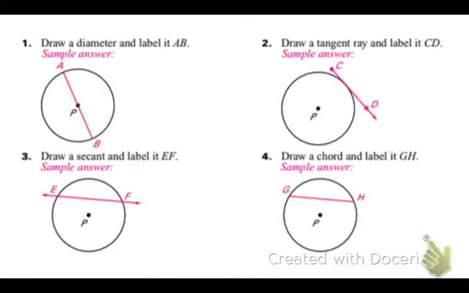So these are just examples. This is a diameter. A diameter goes edge to edge, and it goes through the middle.